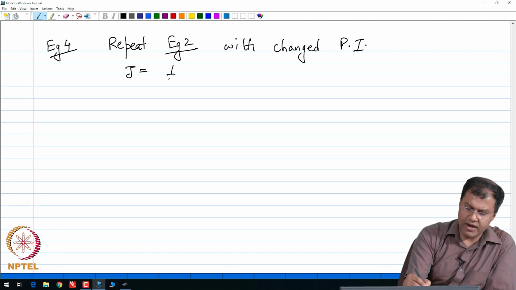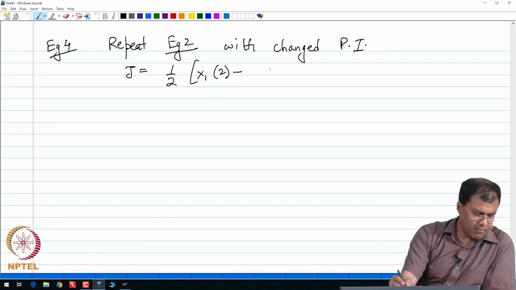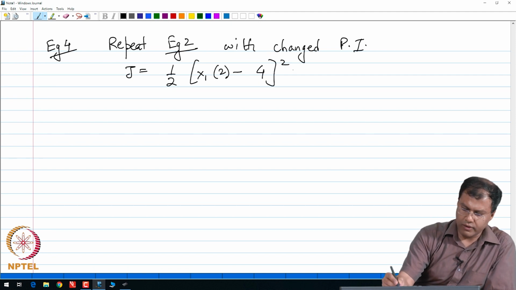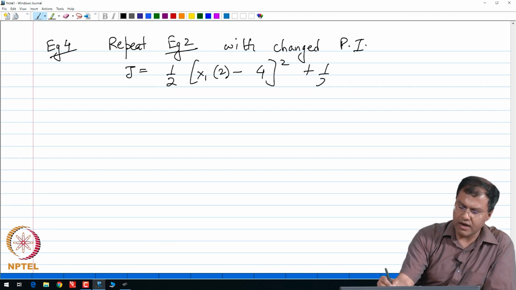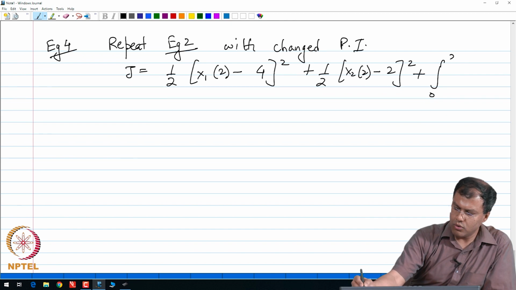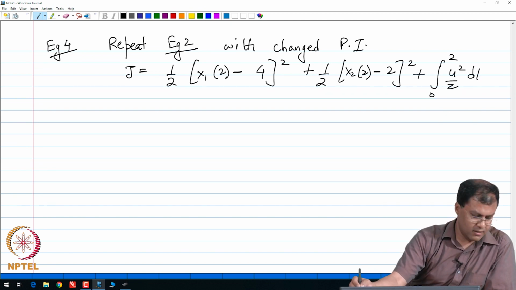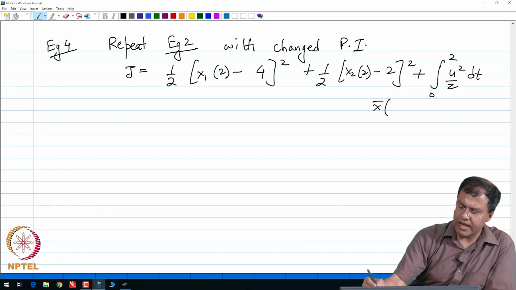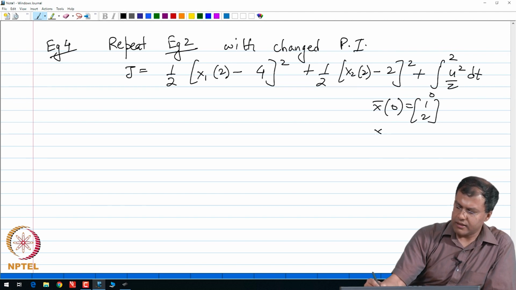J is 1/2 of (x 1 of 2 minus 4) square plus 1/2 of (x 2 at 2 minus 2) square plus the integral from 0 to 2 of u square by 2 dt, right, and my boundary conditions are the same set, x 0 is 1 2, and the state variables at 2, the final time point, are free. Okay. So, both the variables are free now.